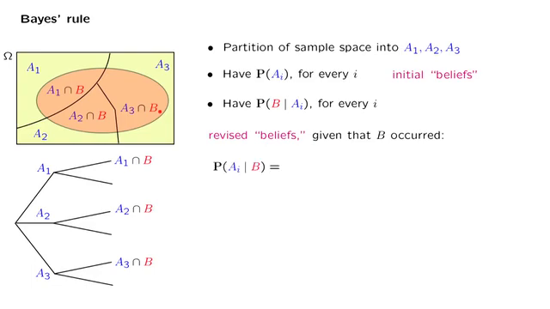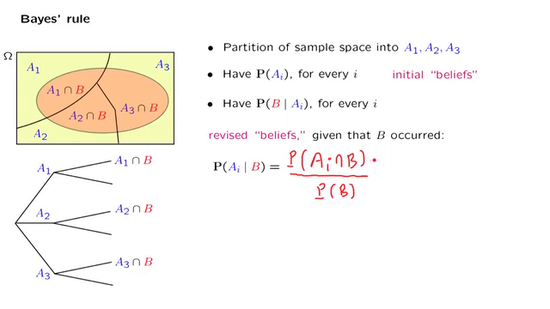By calculating conditional probabilities. And how do we calculate conditional probabilities? We start from the definition of conditional probabilities. The probability of one event given another is the probability that both events occur divided by the probability of the conditioning event. How do we continue?